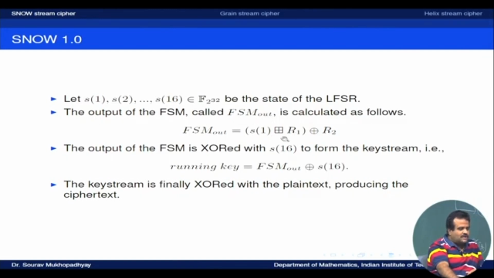It is calculated by this: S1 is added with R1, this is the addition operation, and then it is bitwise XORed with R2, and we get the output. This output, again 32 bits, we XOR with S16, and the key stream is finally XORed with the plain text to produce the ciphertext, that we know.